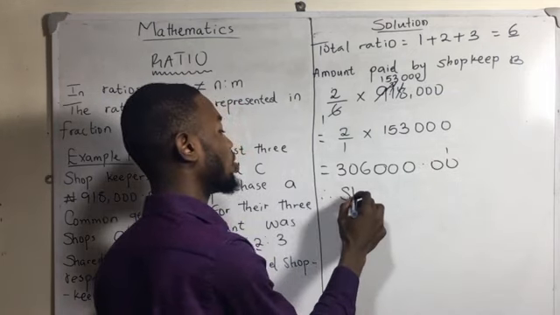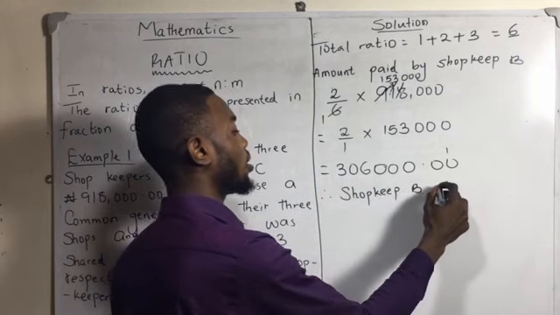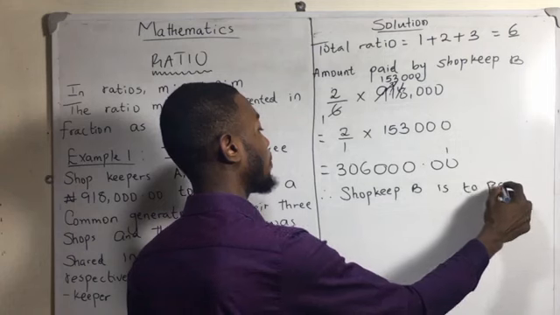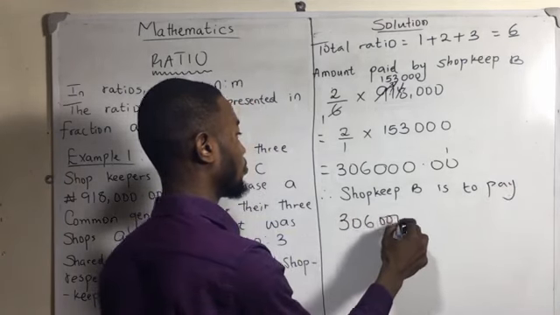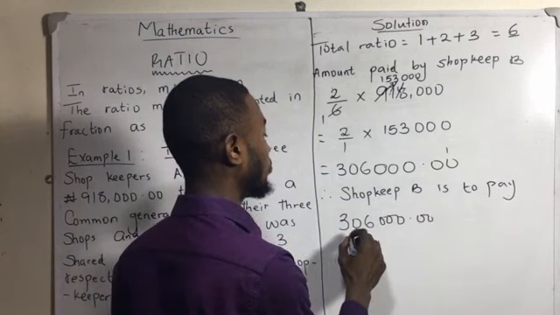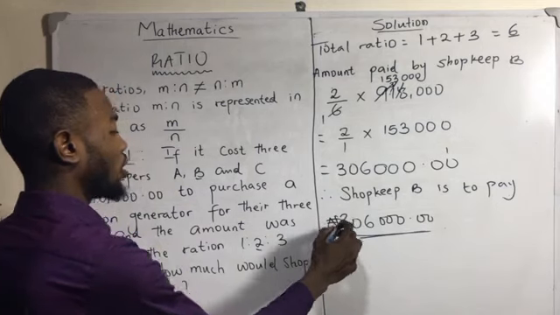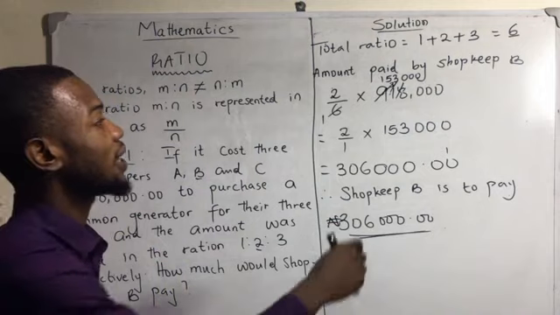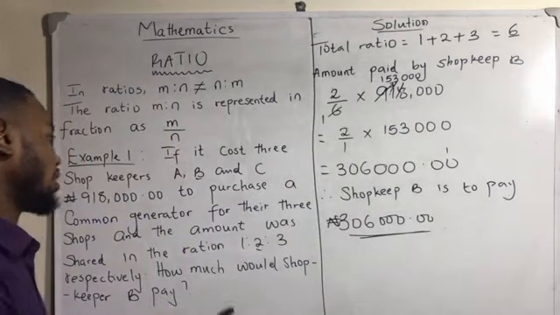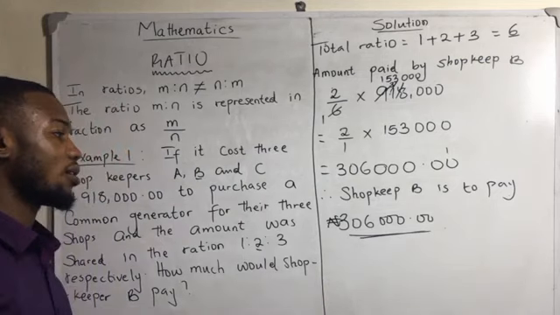Therefore, shopkeeper B is to pay 306,000. Now, this is the money that shopkeeper B is to pay. You can see how we split it. Out of 918,000 naira, where they got the generator, shopkeeper B is to pay 306,000 naira.